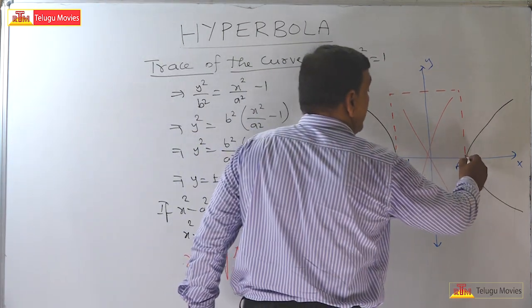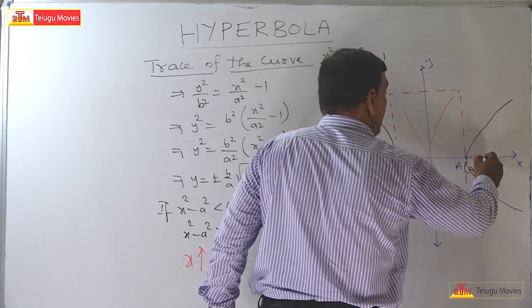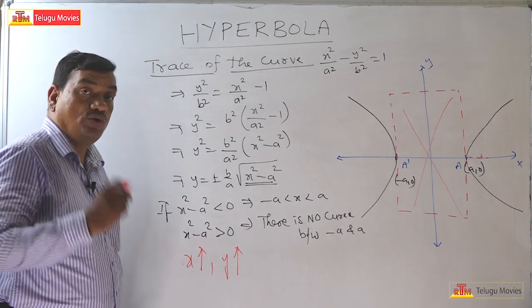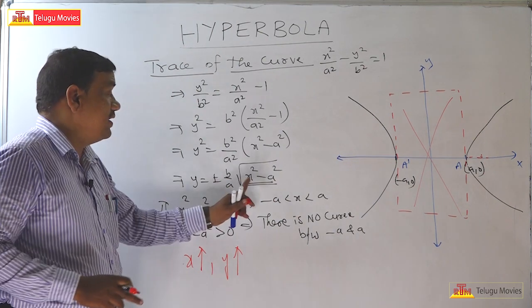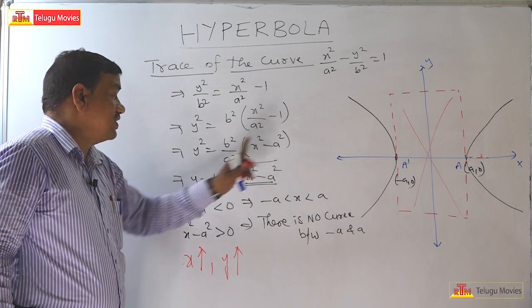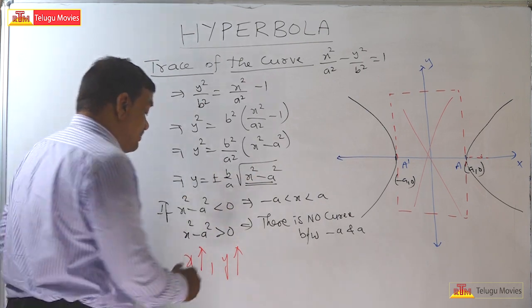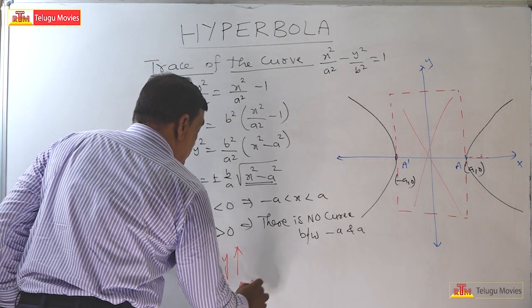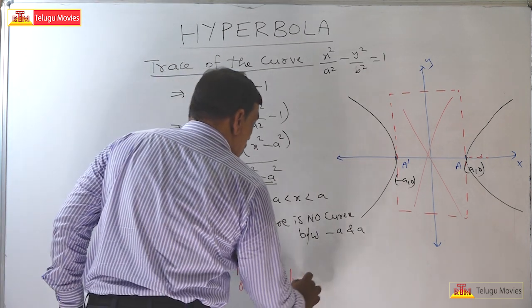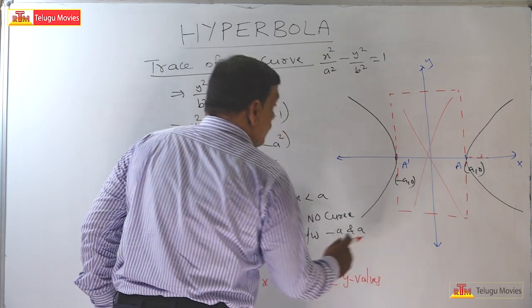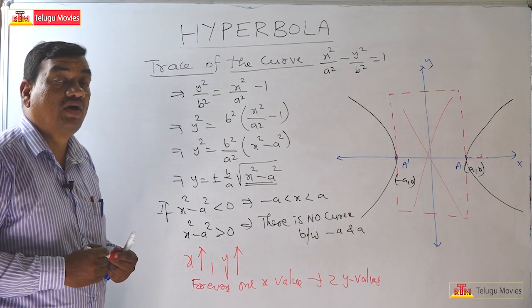And moreover, you observe here, for every one x value, since it is a square root, you are getting plus or minus. That means for every one x value, you are getting two y values.